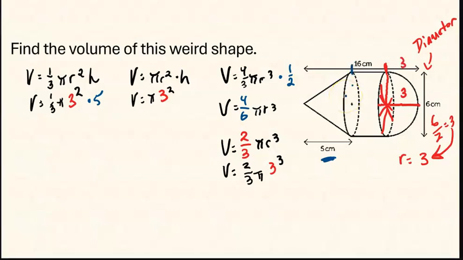Then we know that this height here is 5, which 3 plus 5 is 8. So 5 plus 3 is 8.